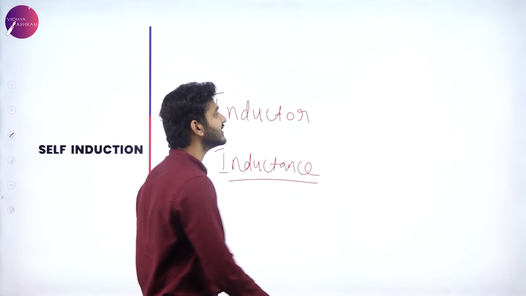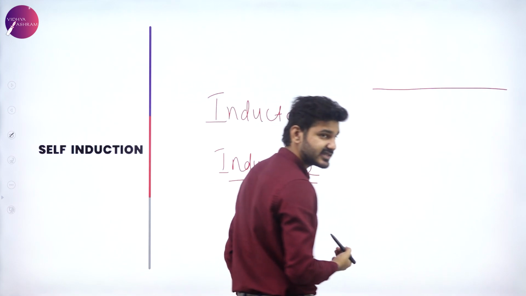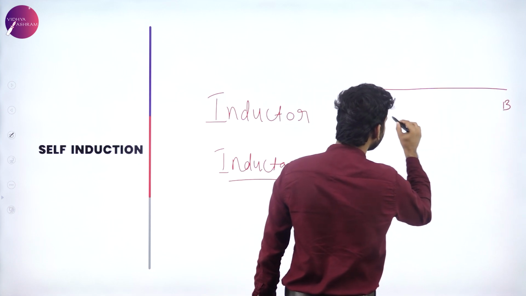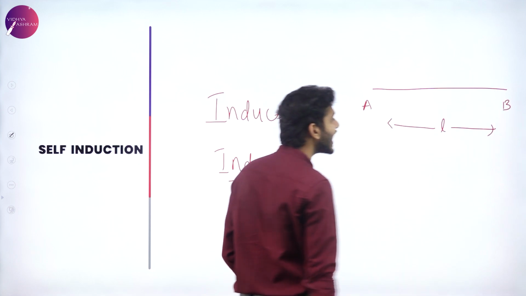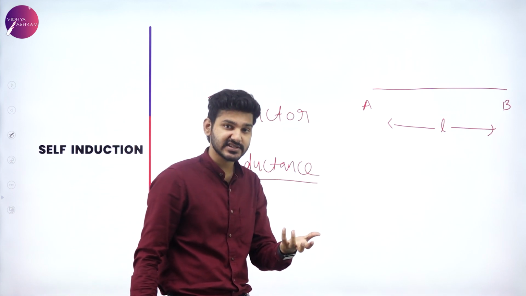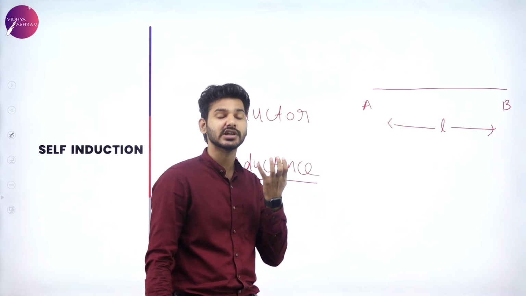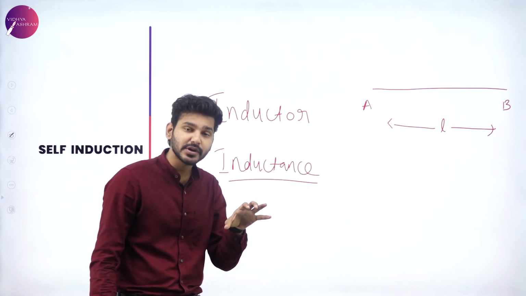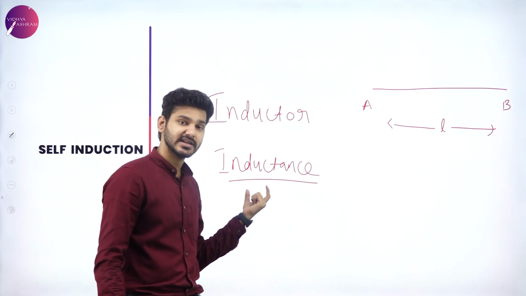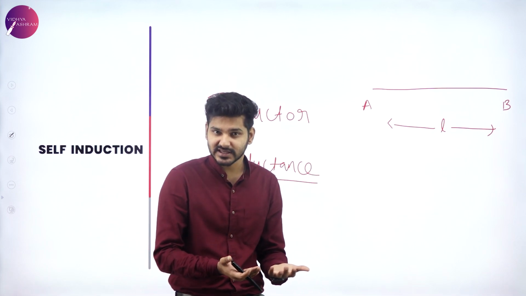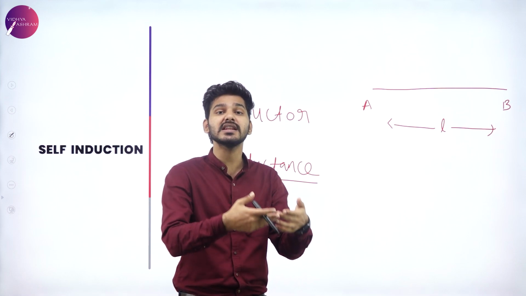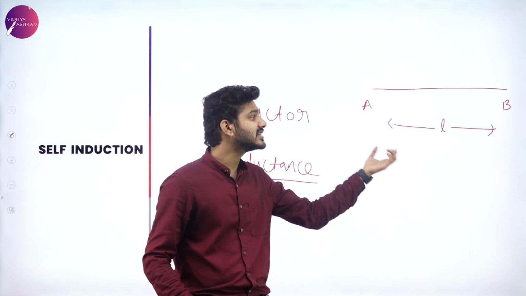That is, if there is an electrical conductor like this, let's say having a length L from A to B, and that conductor has a tendency to oppose the incoming electric current, then we can say that that particular property of that material is known as inductance. Or in simple terms, the tendency of an electrical conductor to oppose the incoming current is known as inductance.